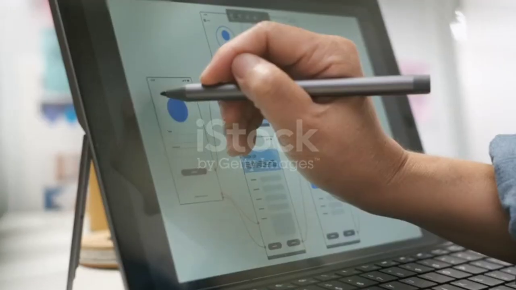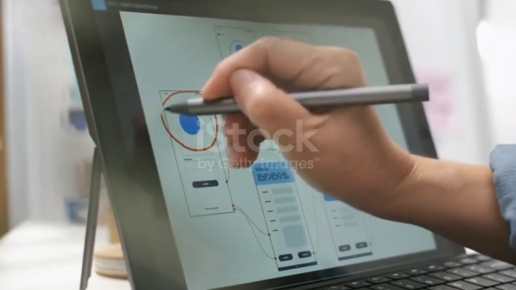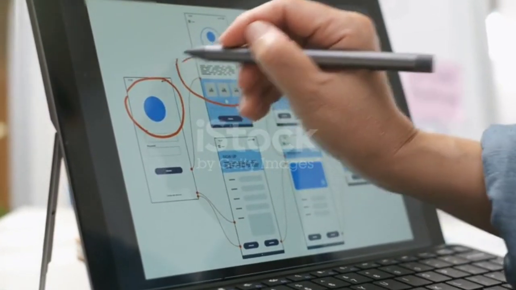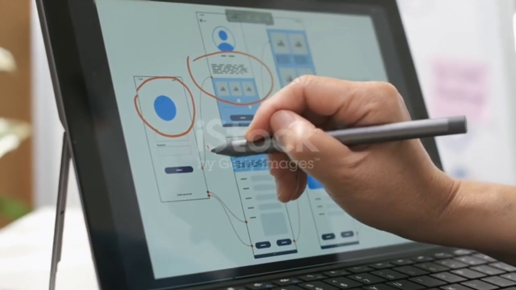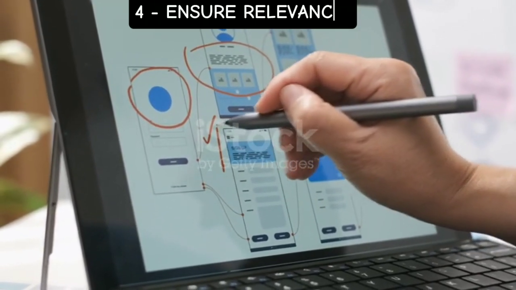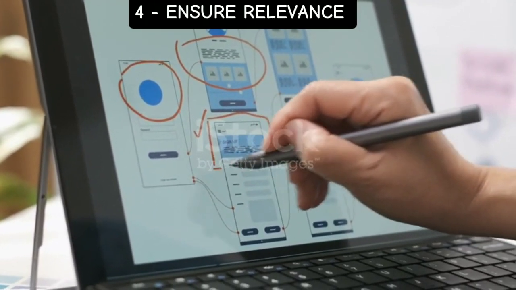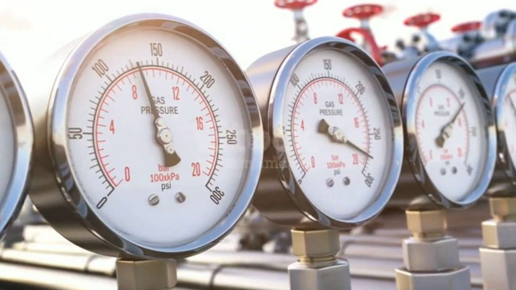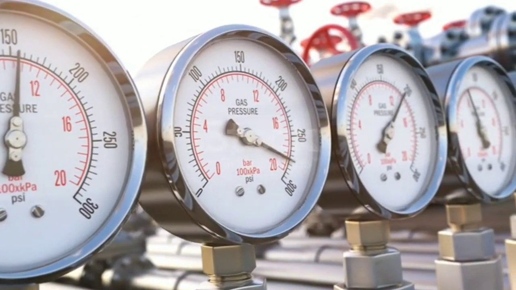What are the safe upper and lower limits? This helps in identifying potential hazards like overpressure or overheating. Ensure relevance. Not every parameter needs to be examined in the same depth. Focus on those that have the greatest impact on the operation or safety of the system.